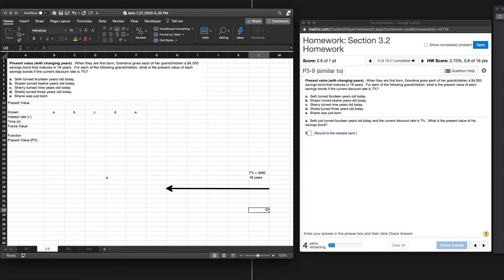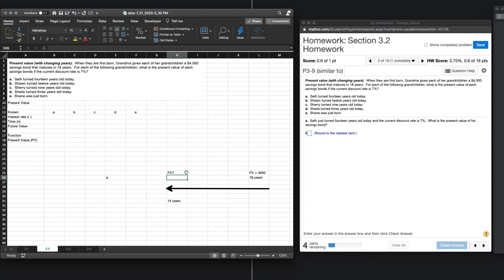But for instance, in question A, Seth turned 14 years old today. So he is about here in terms of time. Again, this is year 18. Let's say this is 17, 16, 15, and this is 14. This is where Seth is right now. We need to figure out the present value at year 14.